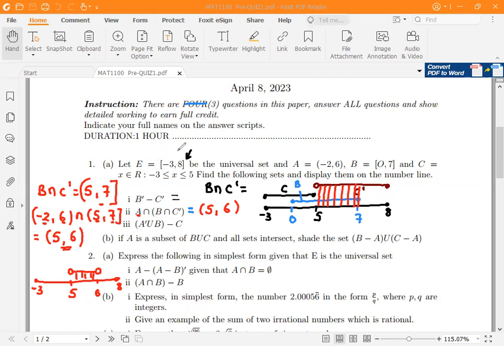So this is how you solve A2. Okay, so again, we remove this so we can do A3.